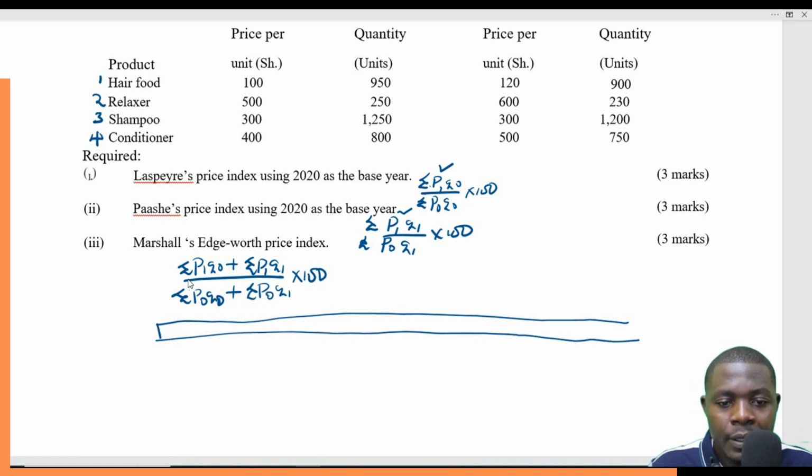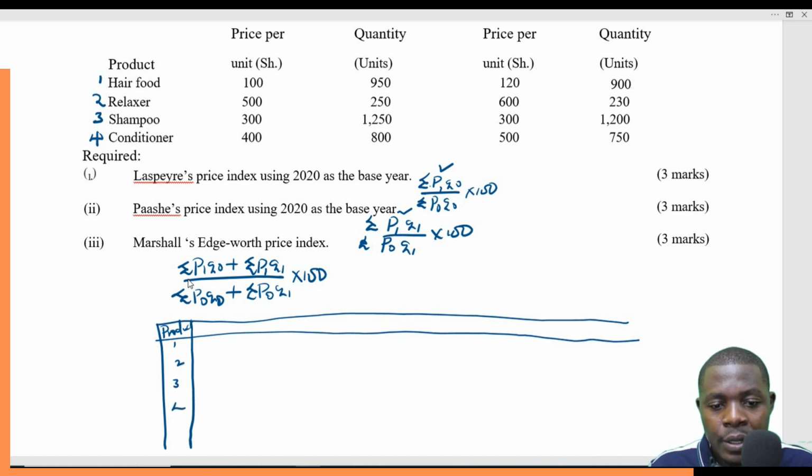Then we have this one. I said these are the products: 1, 2, 3, 4. Now these numbers I wrote up here are the ones I'm using. Now the prices for 2020, that is the base year.